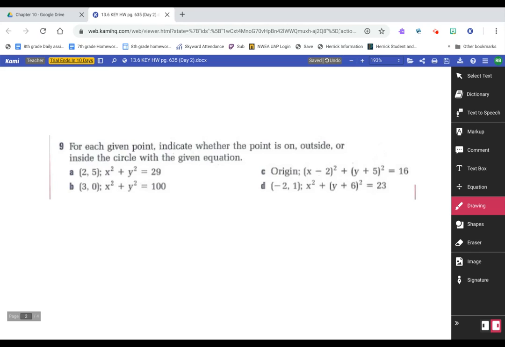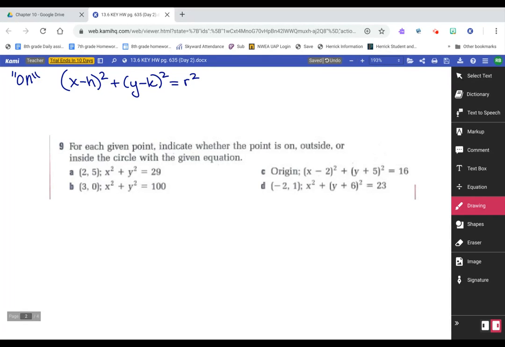So I need to teach you a rule here. Number 9 says for each given point, indicate whether the point is on, outside, or inside the circle with the given equation. So what you need to know is if the left side, (x - h)² + (y - k)², is equal to the radius squared, then it's on the graph.